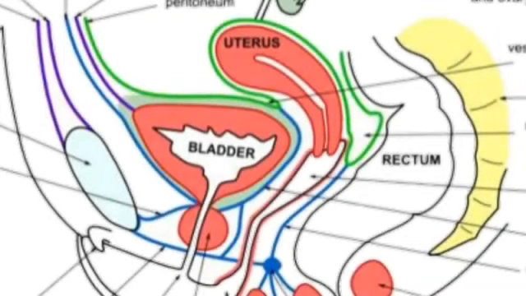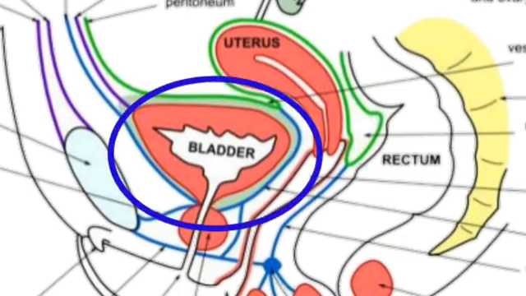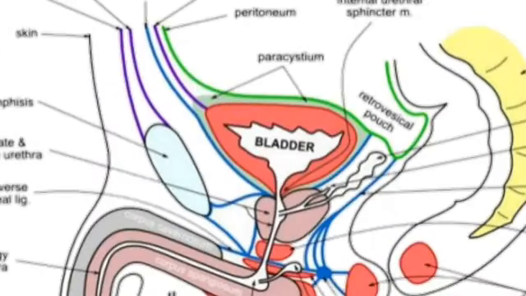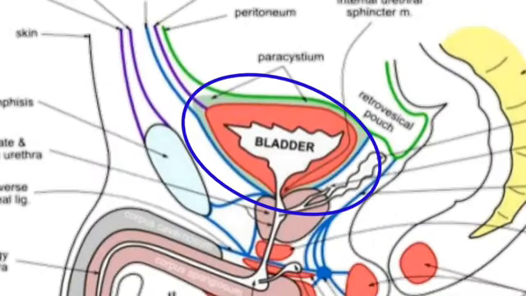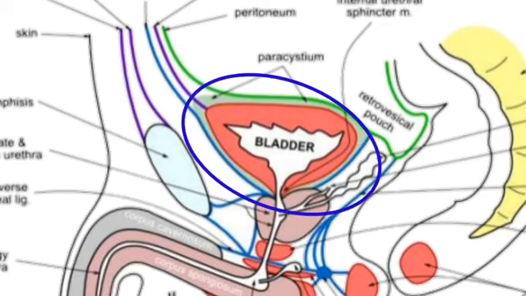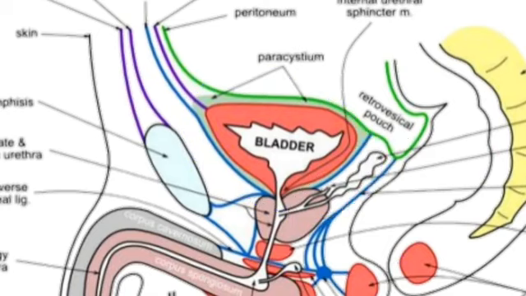We know in female, in the pelvic cavity, at the anterior aspect there is the urinary bladder. Behind that there is the uterus and lastly there is the rectum. Whereas in male, anteriorly there is the bladder. Behind that there are seminal vesicles and vas deferens, and just absolutely posterior there is the rectum.